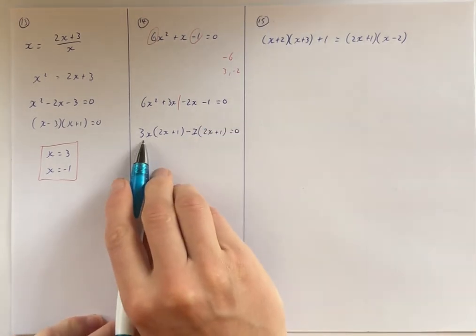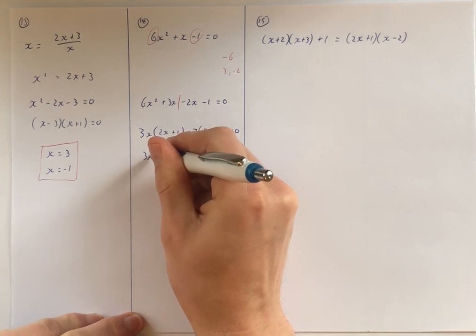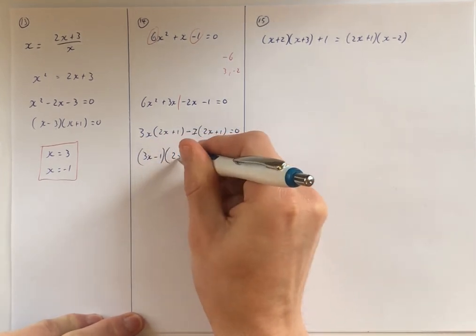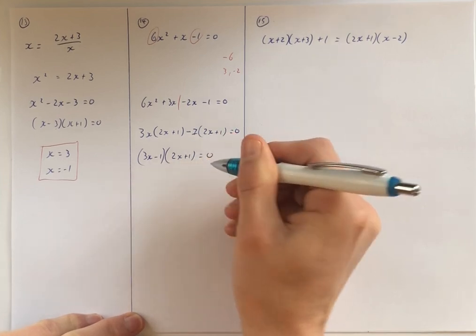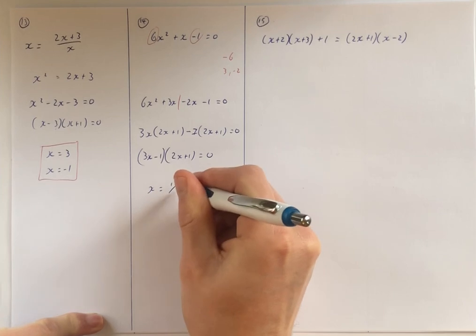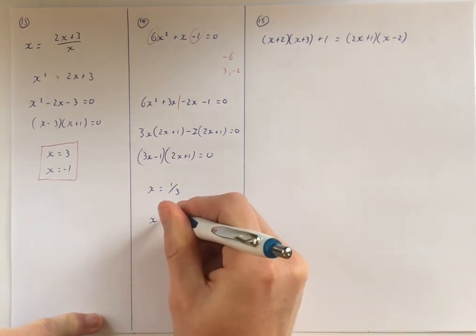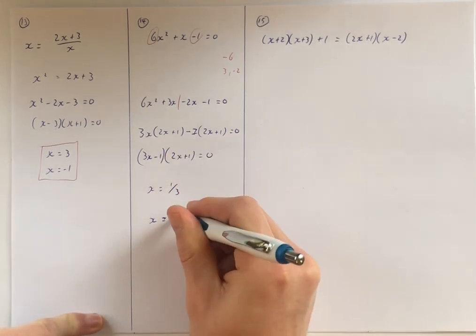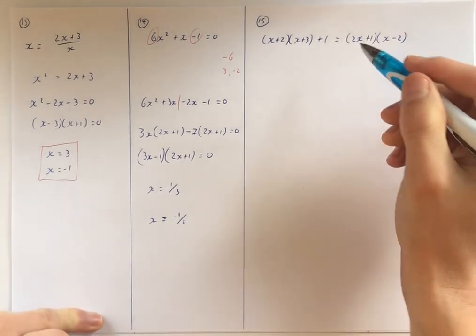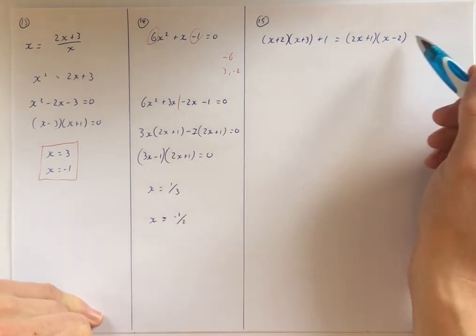Alright, one bracket is 3x minus 1. And now the bracket is obviously the 2x plus 1. So one solution is 1 over 3. Positive 1 over 3. The other solution is negative 1 over 2. Cool.